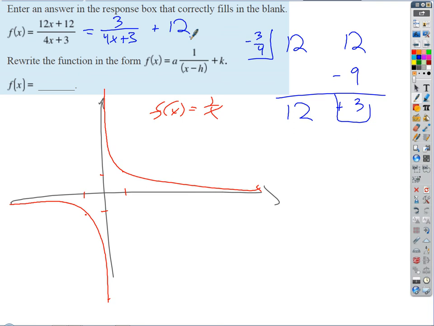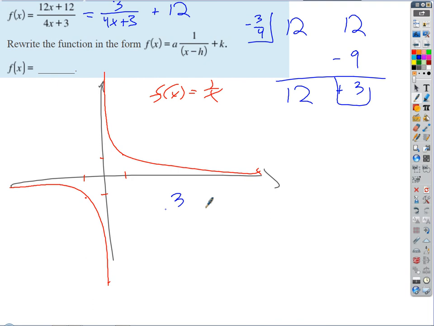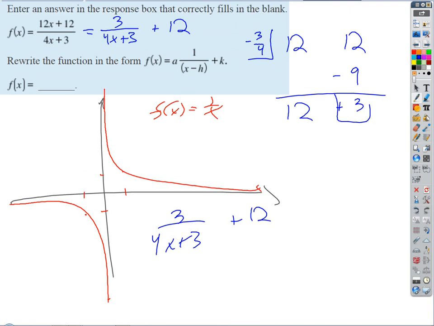It's being moved over, what's being moved to the right. Okay. Right. So now what do we have to deal with, this part right here, right? This is a little bit harder than the ones in the book, but we can still do this. So if I've got 3 over 4x plus 3, plus 12, and I've got to write that in the form a times 1 over the quantity x minus h.